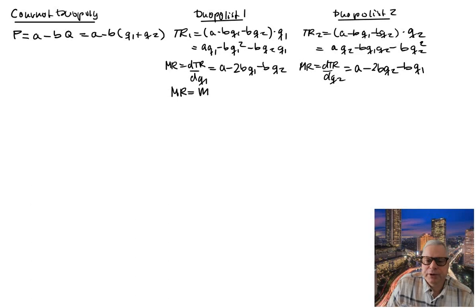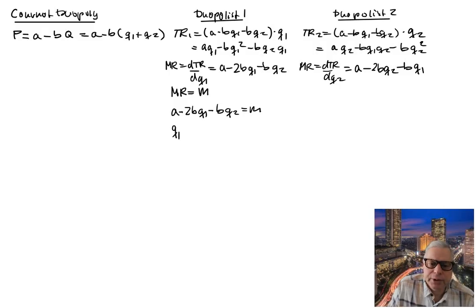So marginal revenue equals marginal cost. Now we have to solve A minus 2B Q1 minus B Q2 equals M. So now we have to solve for Q1.